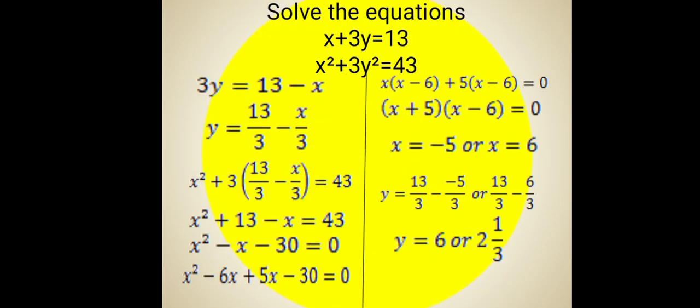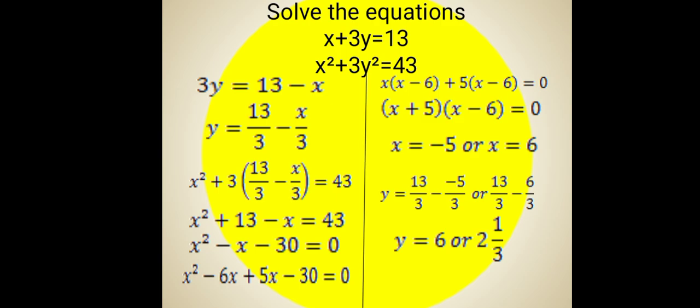Solve the equations. Now we shall try to find the value of y for the first equation, x plus 3y is equal to 13. So if we do so, we find that y is equal to 13 over 3 minus x over 3.